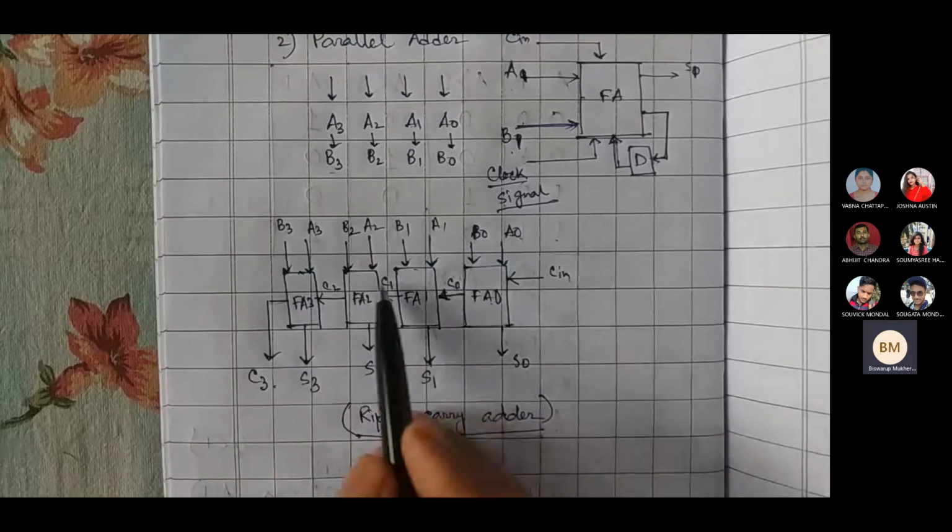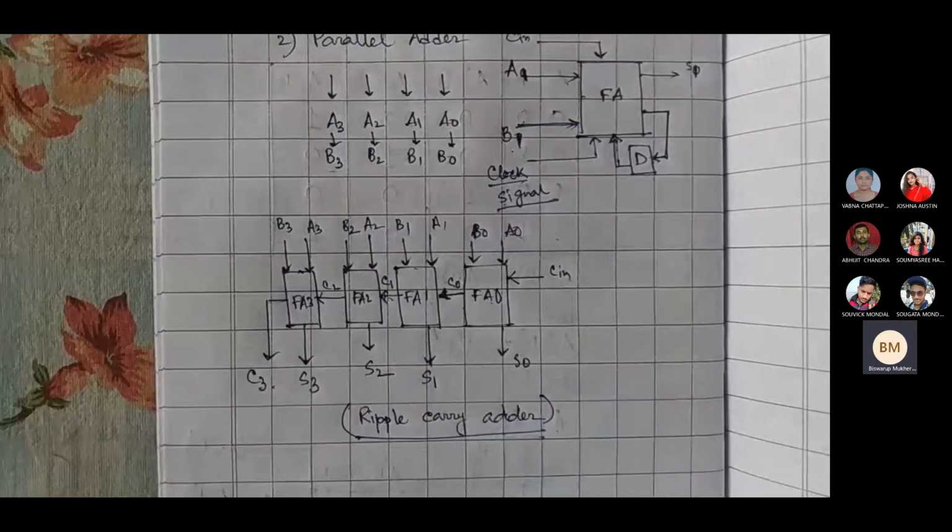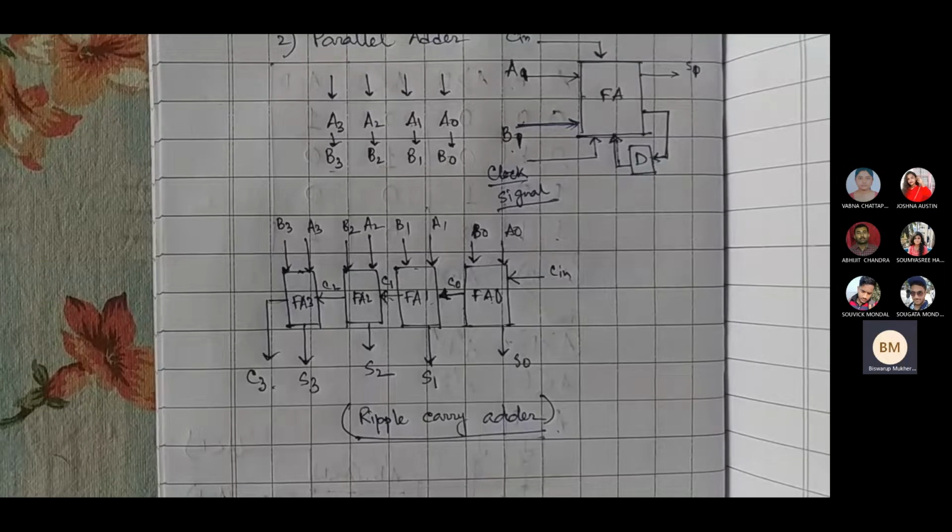So as the number of full adders increases, the delay is also increasing. Though we have initially included all the bits which we require to add, that means we enter the A value and the B value at a time, we need to wait for each and every full adder to work.